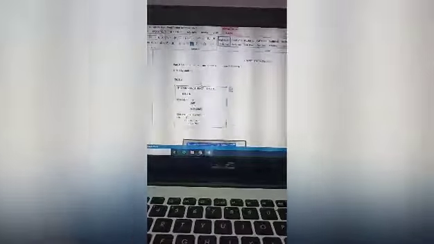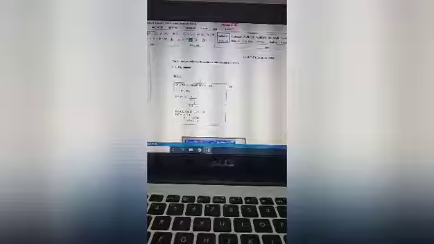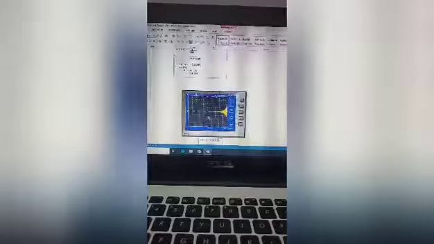I used the formula fo equals 1 over 2 pi RC. Thus, I found the value of the resistor is 534.78 ohm.